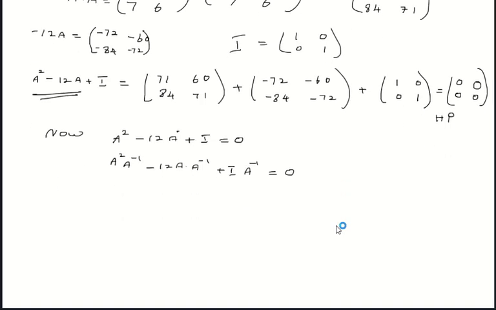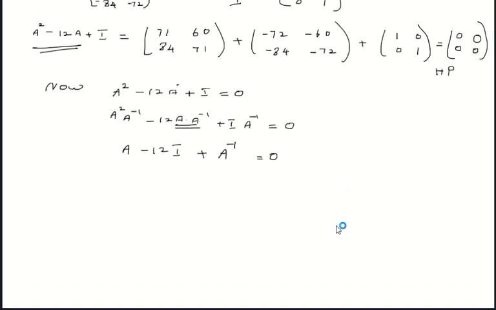So this becomes A square into A power negative 1 is A, minus 12. A into A inverse is nothing but I matrix, plus identity matrix multiplied to any matrix will give you the matrix which is multiplied. Okay, now I have got A inverse here. Now we have to find what is A inverse. So A inverse is 12I minus A. I am just transposing this to that side. A inverse is 12I minus A.